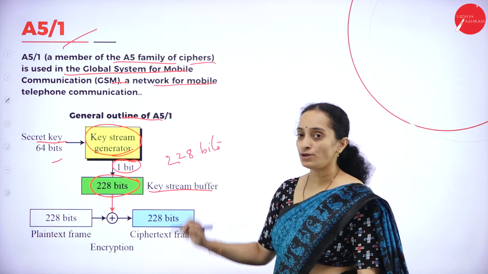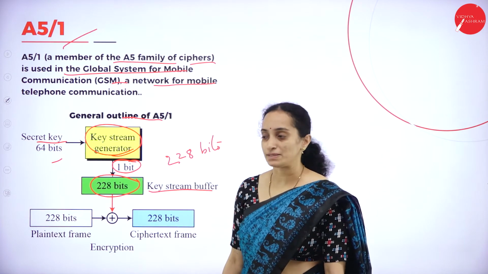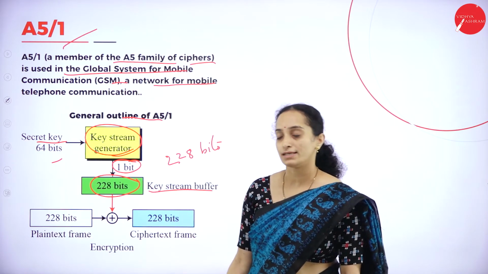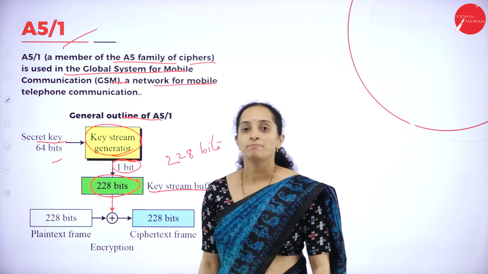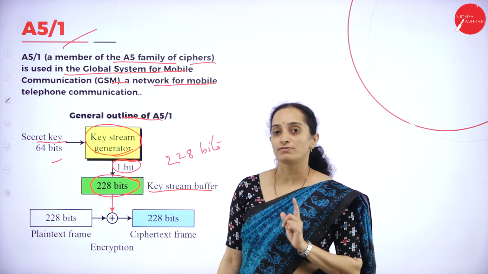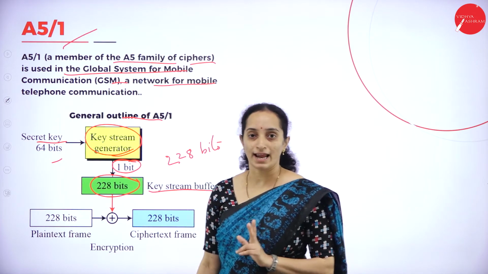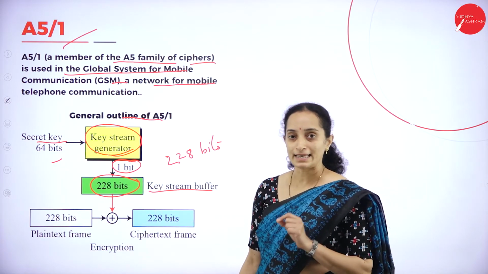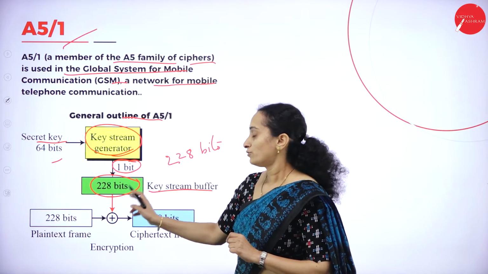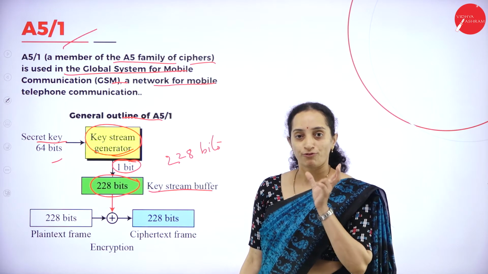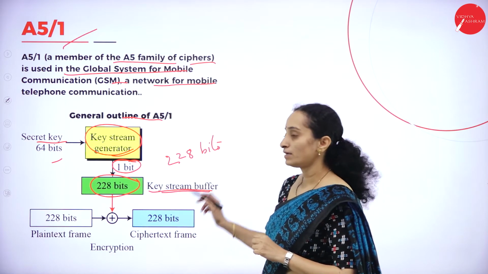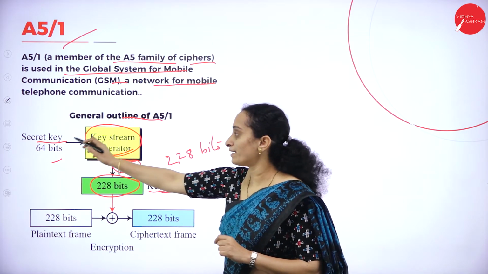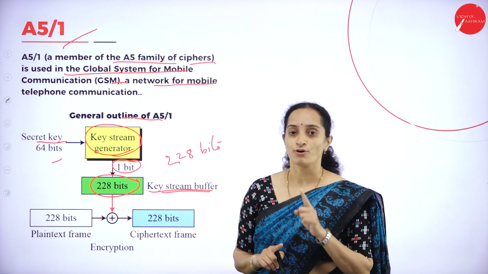Why do you need 228 bits? In the GSM network, each plain text frame will be of size 228 bits. To XOR them with the key, we use the 228 bits of key frame in the key stream buffer combined with the secret key of 1 bit.